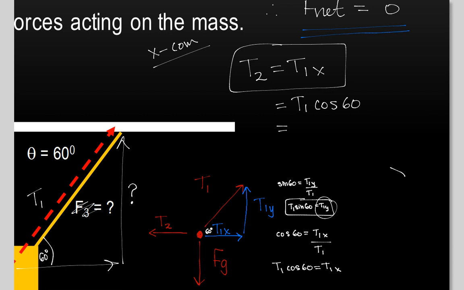So it's 57.7 times cos 60, which is .8, so 29 newtons along the rope.